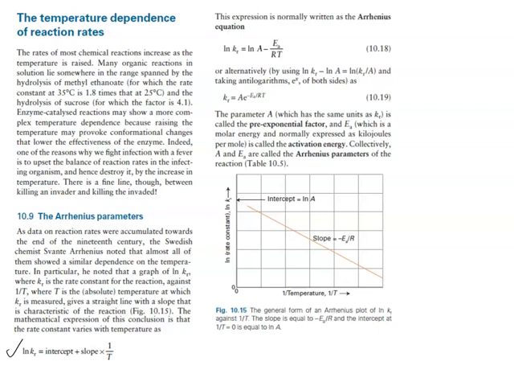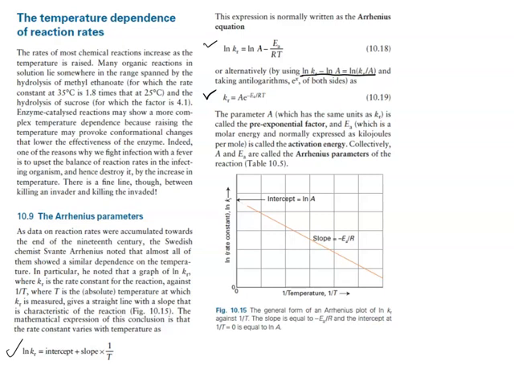This expression is normally written as the Arrhenius equation, equation 10.18, where the natural log of k equals the natural log of A minus E sub A over RT. Or alternatively, it can be arranged as follows, as I just underlined, and taking antilog, e to the x, on both sides, so that it can be expressed as in equation 10.19.